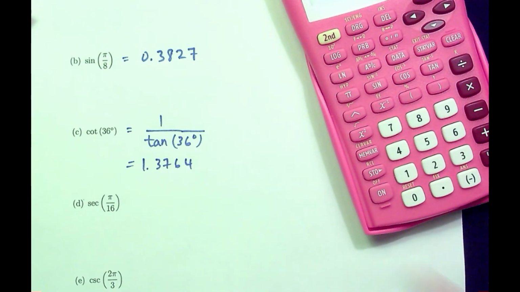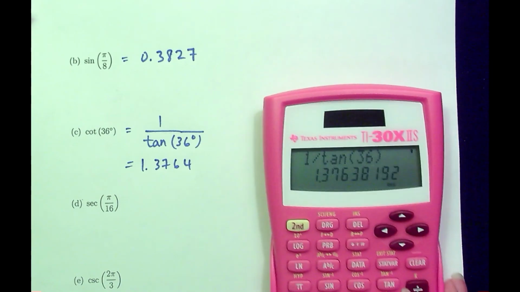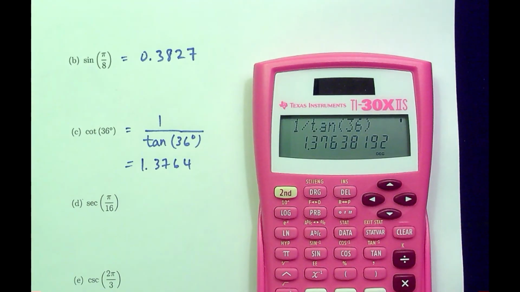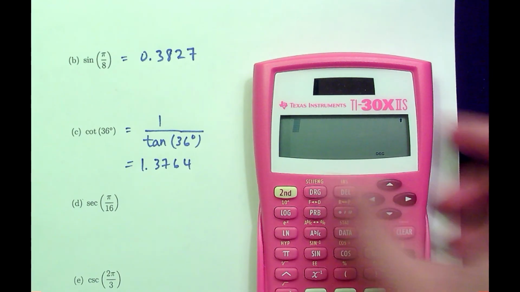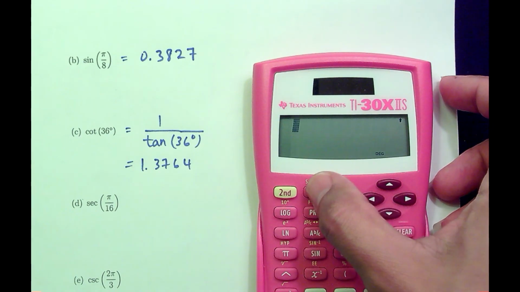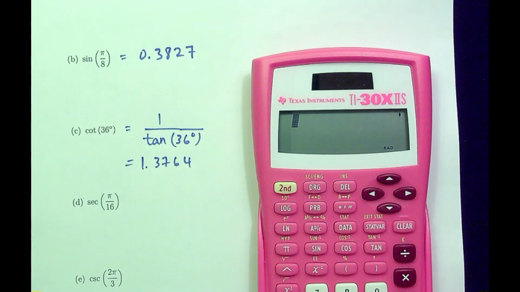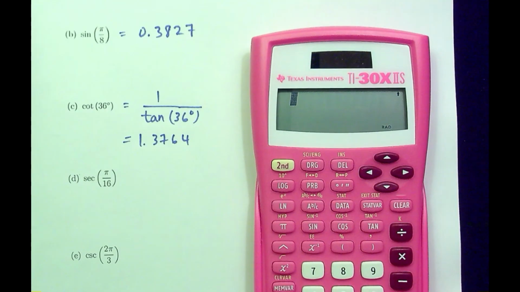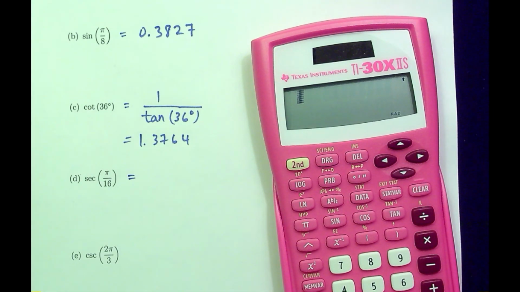The next one says secant of pi over 16. That's again radians, so we need to change it back. I did this on purpose because you have to really get used to changing back and forth. Usually in the homework or on the test, some problems are in degrees, some are in radians, and you need to keep changing back and forth and not forget, because otherwise you get it wrong.